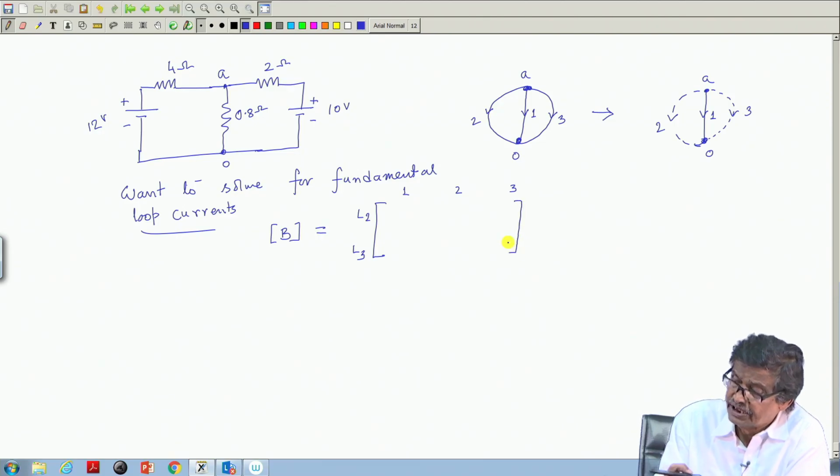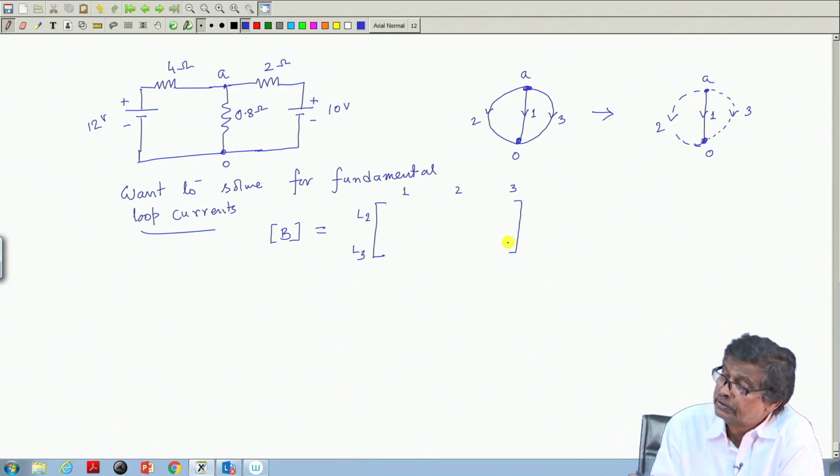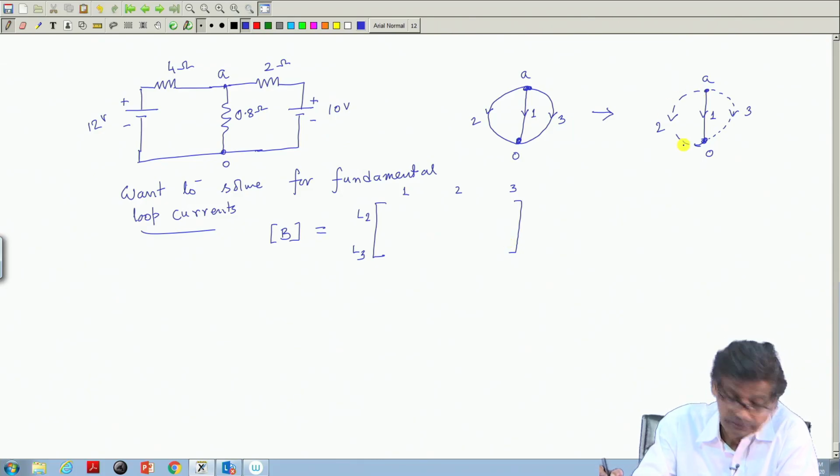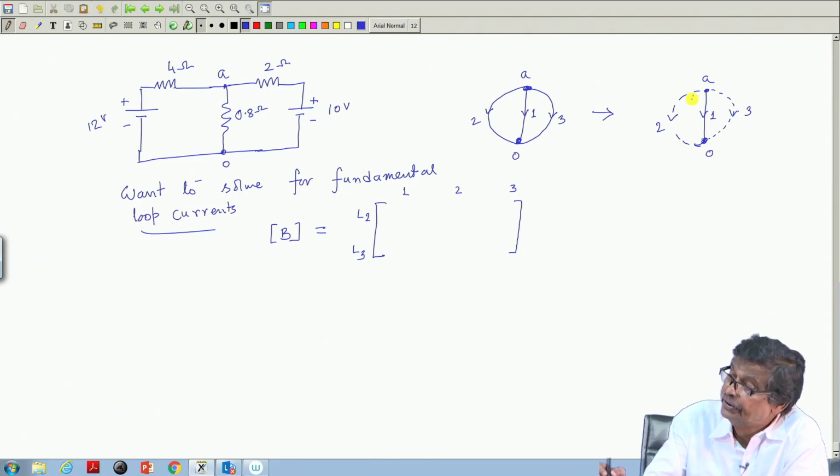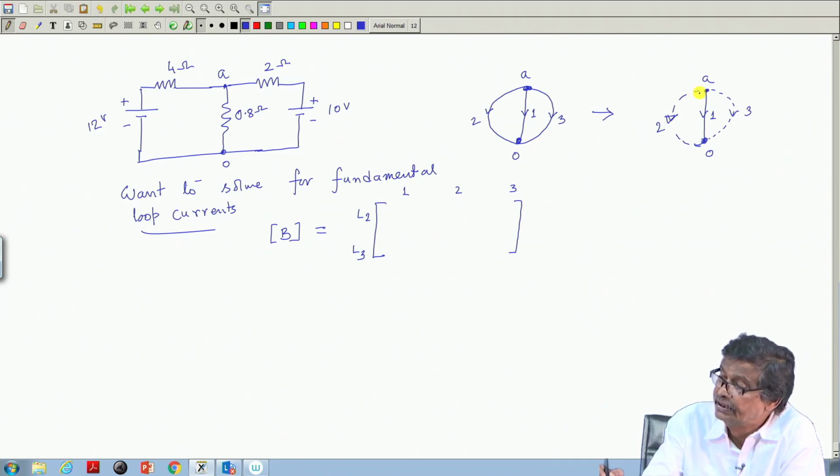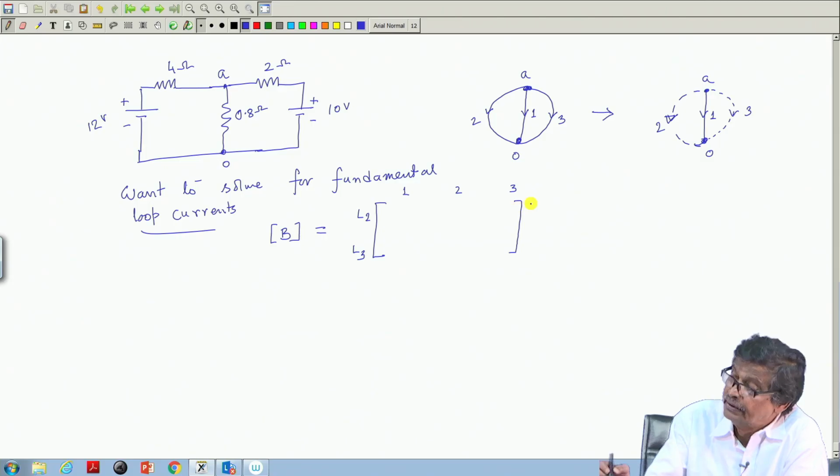So, B into V is equal to 0, that is the thing. Suppose you take this one, you start from this point. The direction of the link, if it is this way, assign a plus sign here.